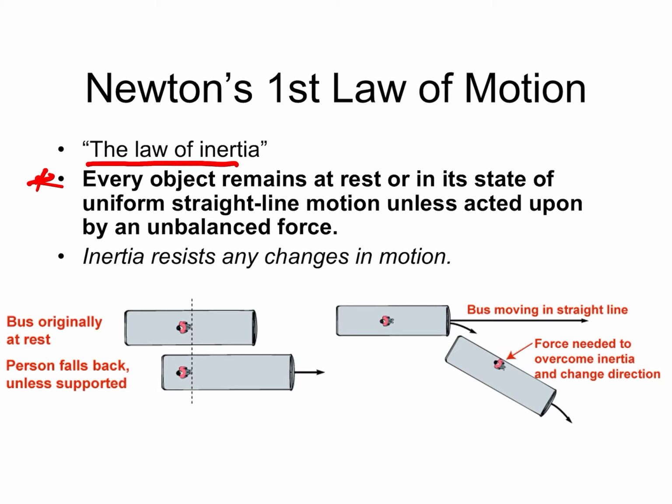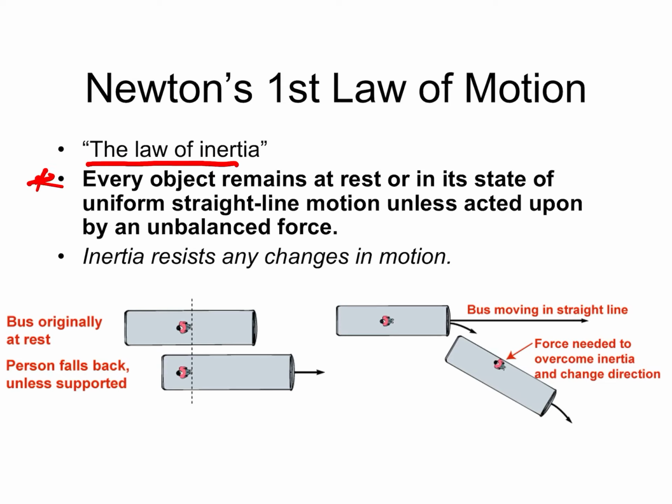If the person is standing, and the bus is originally at rest, and then the bus takes off pretty quickly, you're going to be thrown backwards because your body wants to stay in that same position, at rest, okay?